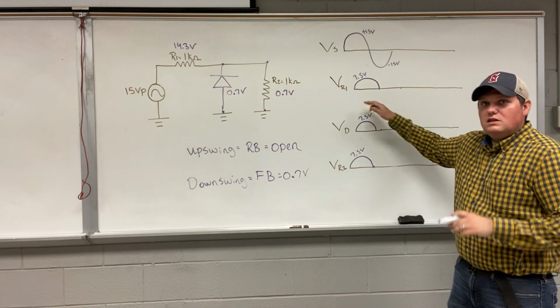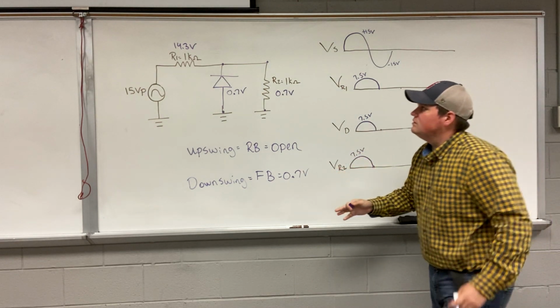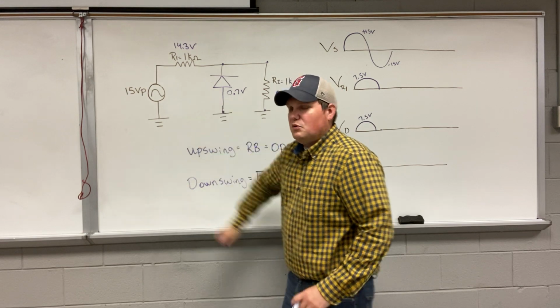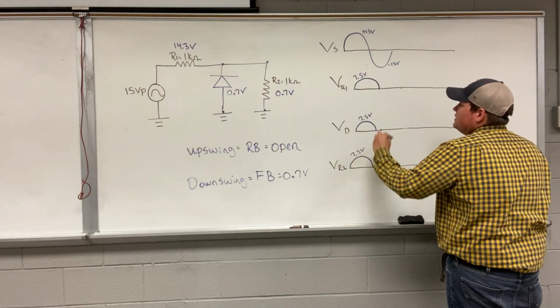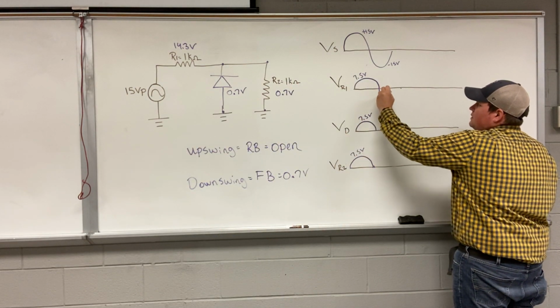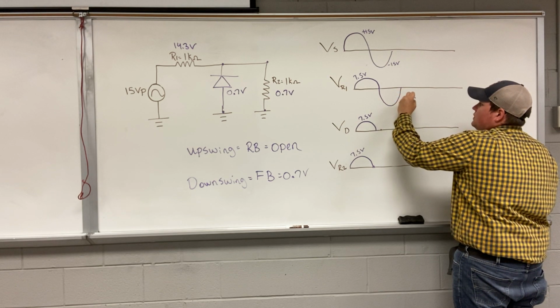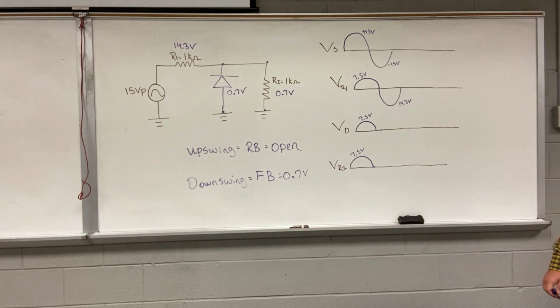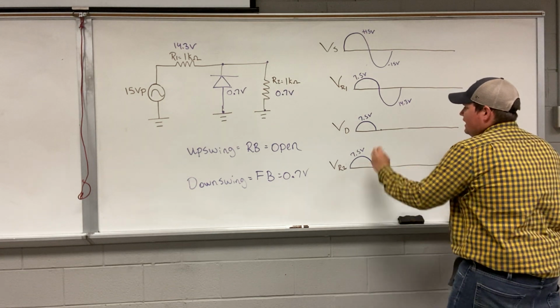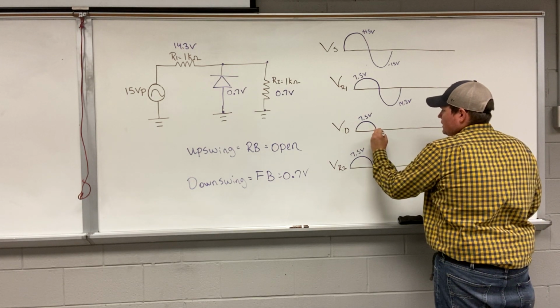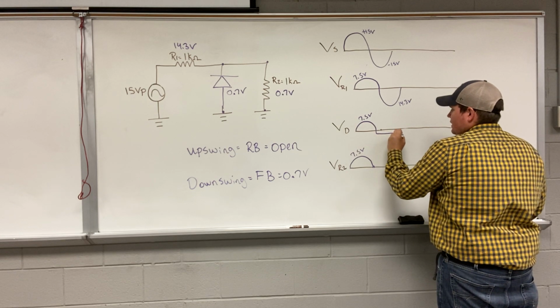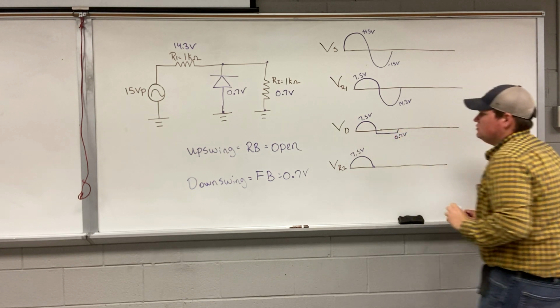So now, let's draw our waveforms with these numbers. So across R1 on the downswing, we will have 14.3 volts. On the downswing of the diode, we lock nicely at 0.7 volts.